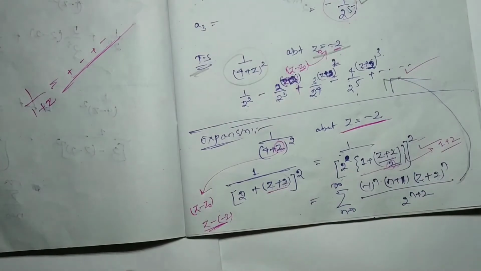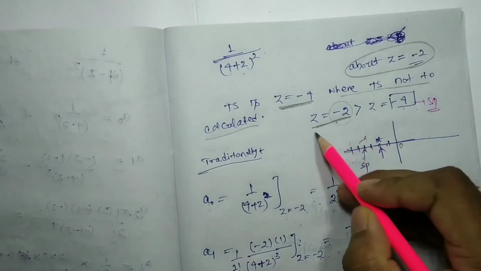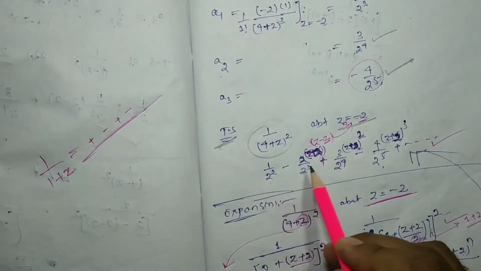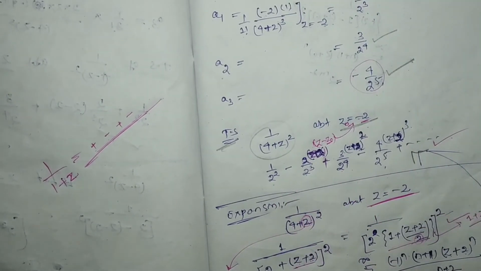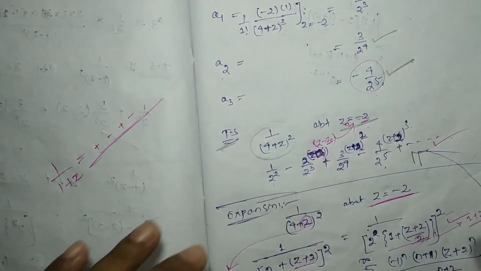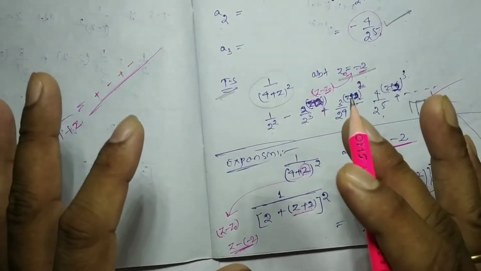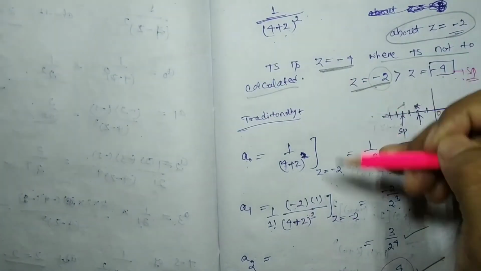So here one thing again we concluded: whenever we consider a point which is greater than the singular point, we find alternately positive and negative terms. One thing I am going to say to you very clearly: whatever we are doing in this method is for you to do the problems in a shortcut way. That's it. But you can do the Taylor series in the traditional way.